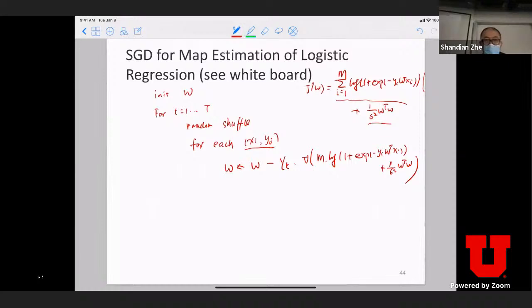You have to duplicate. This is very important. You have to duplicate this particular random sample m times so that your stochastic estimate of the loss has the same scale as the original loss.